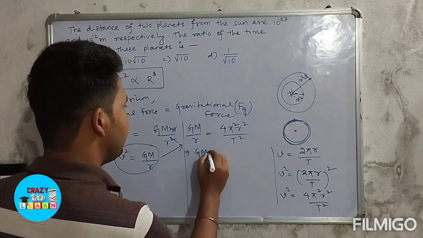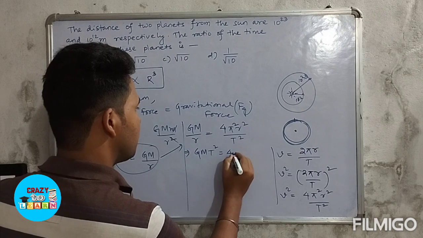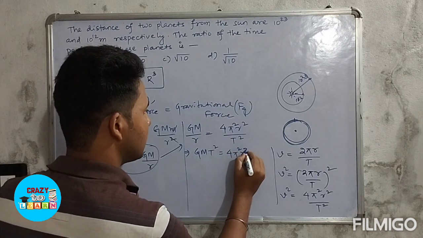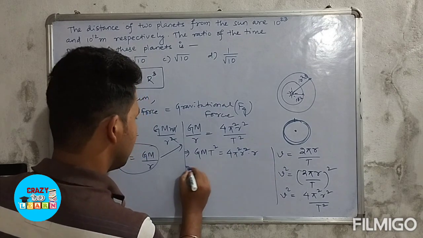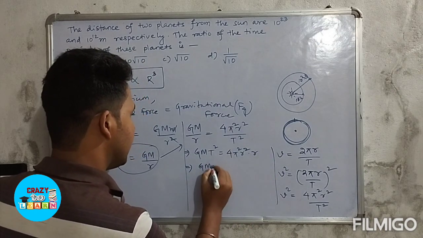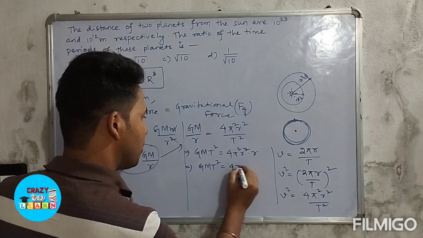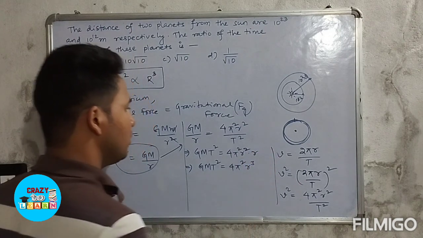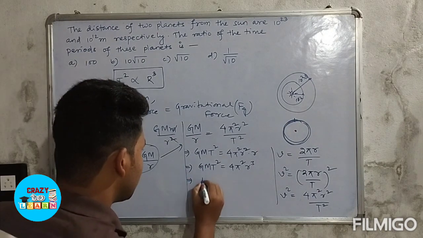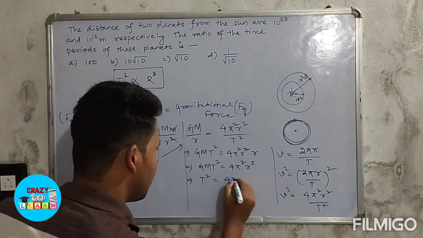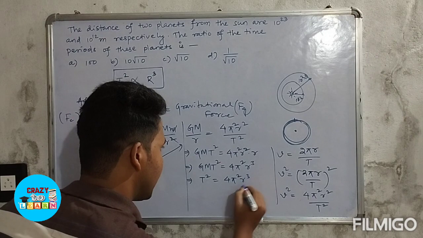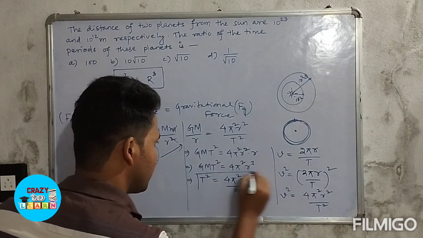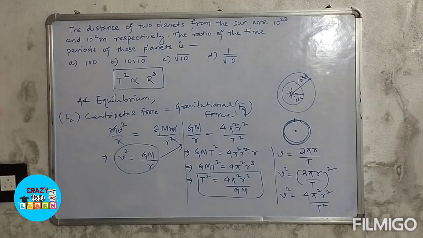G M into T square is equal to 4 pi square r square into r, which is r cube. So T square is equal to 4 pi square r cube divided by capital G M. This is the formula for the square of the time period.